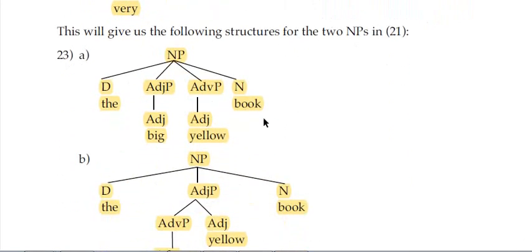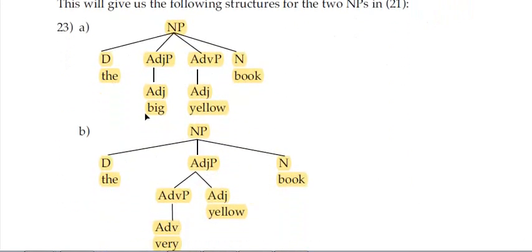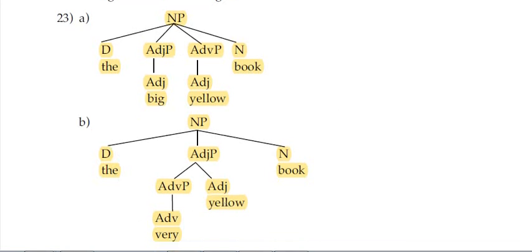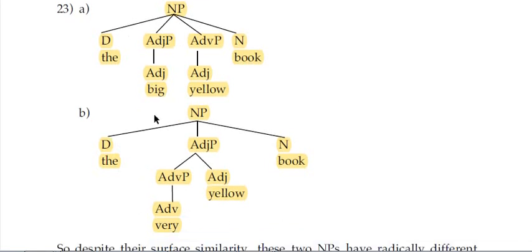Okay, these are other examples. So we have the big yellow books. Also, the very yellow books. Now you have to look at here we have big yellow. They are divided into two branches, but very yellow in one branch.